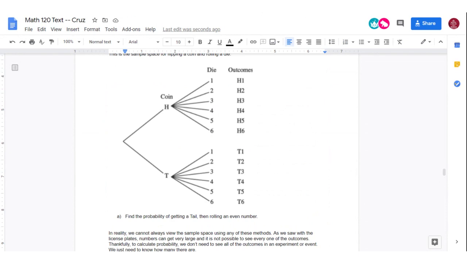So would it be 1/2 and 1/4? Well, you're doing both of these things, so it's going to be one probability. So first of all, let me back in here.